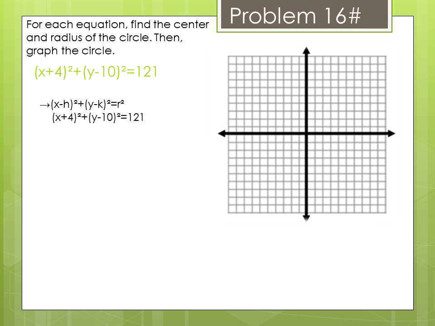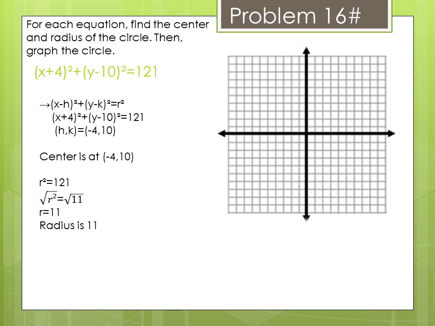Here's our equation of our circle, which is (x + 4)² + (y - 10)² = 121. (h, k) is equal to (-4, 10). So our center is going to be at (-4, 10). r² is equal to 121. You do the square root of both sides, and it gives you r is equal to 11, so our radius is going to be 11.